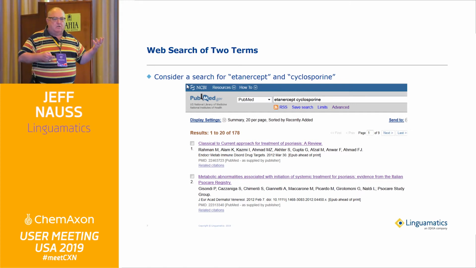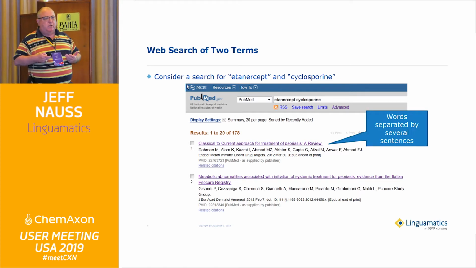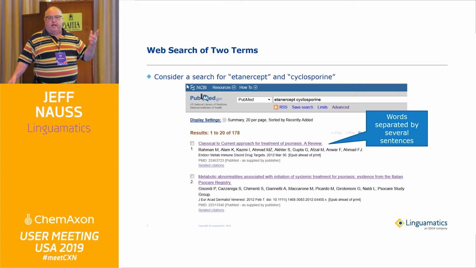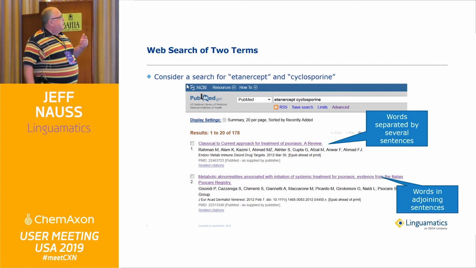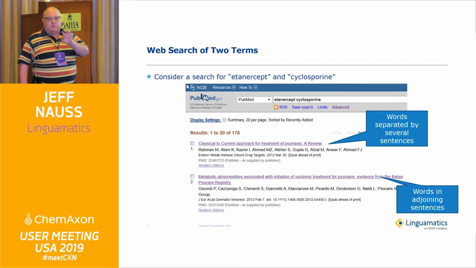When you look inside the document, that first document's going to say etanercept and cyclosporin in very different parts of the abstract. So to say that they're closely related, even though they're in the same document, maybe. In the second document, the two words are in adjoining sentences. Okay, the distance between them is a little bit better. You can imagine some linguistic construct that would link the two, but it's tough to say what the relationship is.